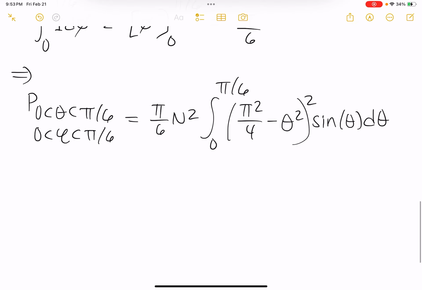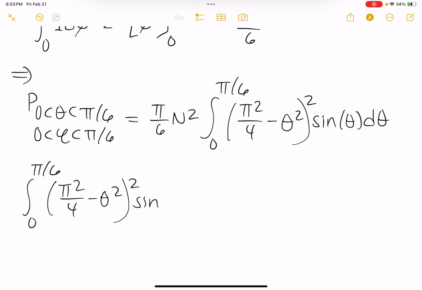Now, I found using integralcalculator.com that this integral, from 0 to pi over 6, turns out to be approximately 0.72903.